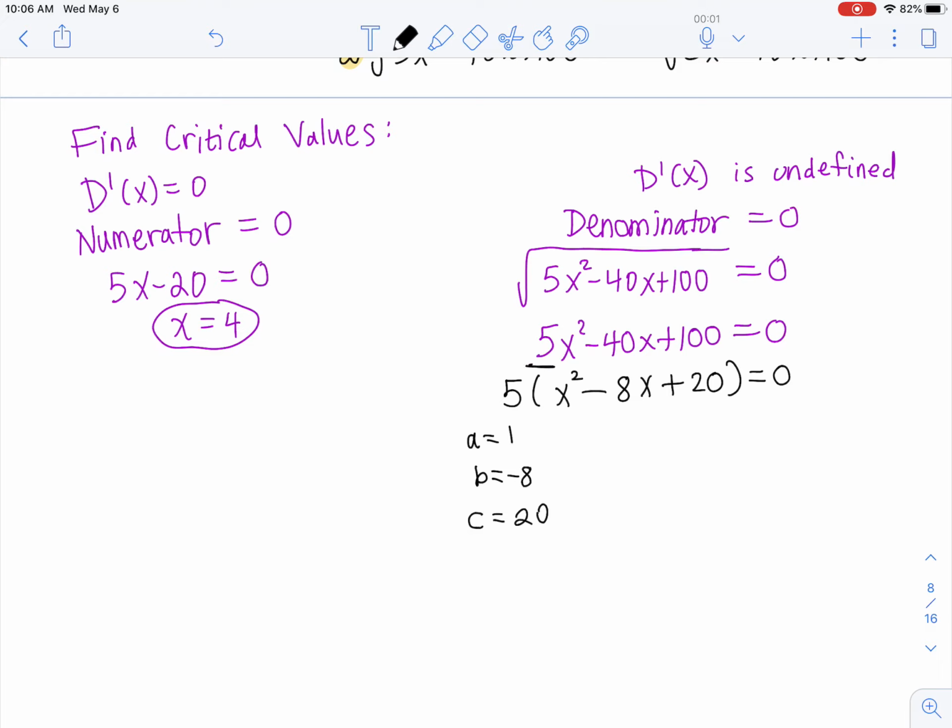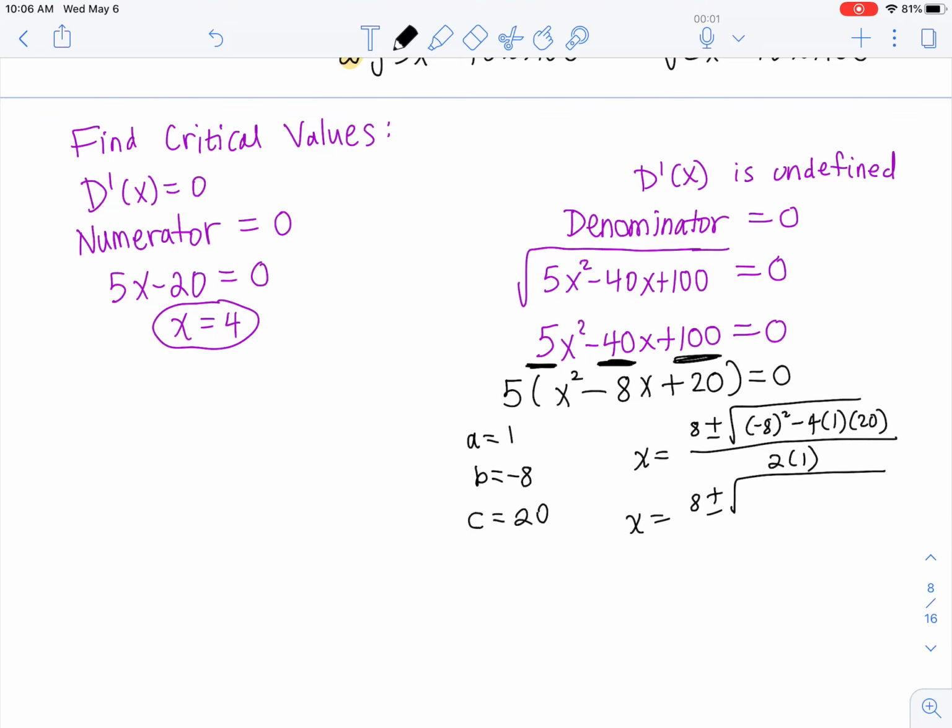I think on my previous attempt, I used a is 5, b is negative 40, and c is 100. That's okay if you want to do that, but if you factored out the 5, you're just working with smaller numbers, that's fine. So let's do the quadratic formula. x equals positive 8 plus or minus the square root of negative 8 squared minus 4 times a times 20, divided by 2 times a. x equals 8 plus or minus.